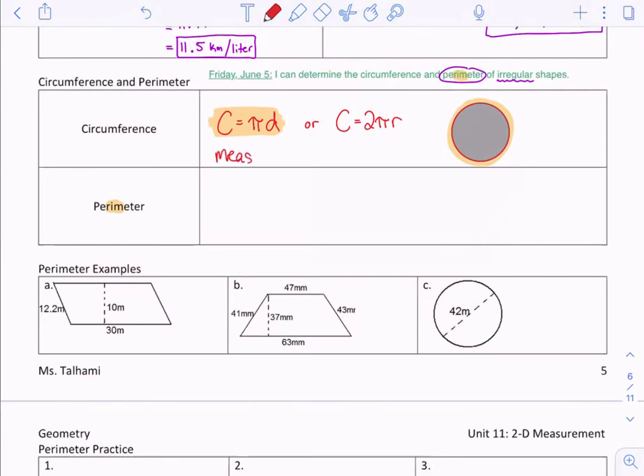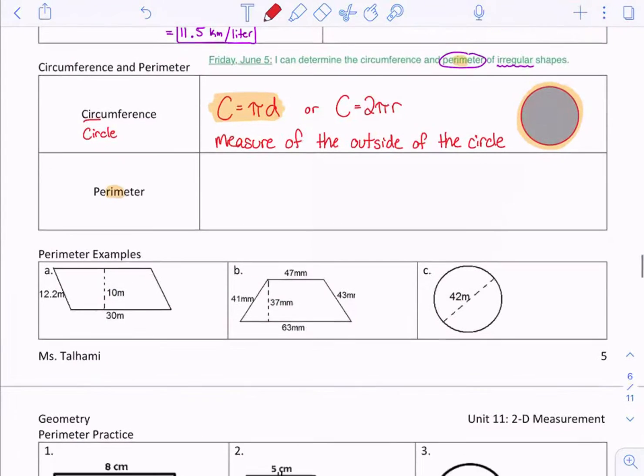Do you realize that the word circumference starts with almost every letter of circle? That's how you can remember that circumference goes with just a circle, C-I-R-C. We would never say circumference of a square, right? No, we would never. It only goes for a circle.